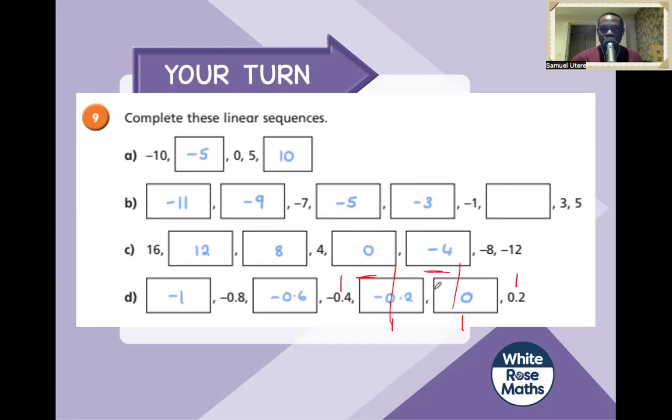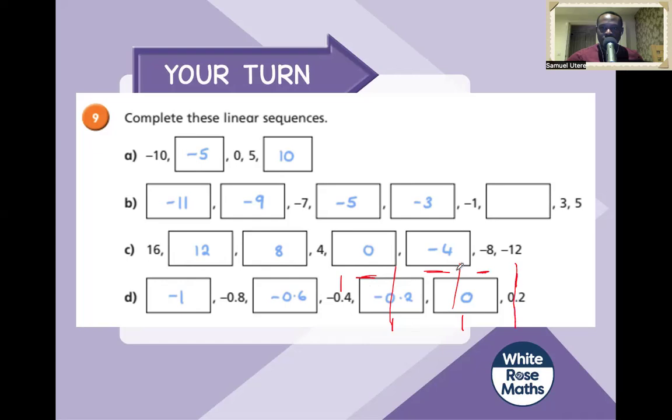So how many intervals do we have between 0.2 and 0.4? We have 1, 2. Okay. So to get from negative 0.4 to 0.2 is 0.6. Okay, so we have 1, 2, 3.